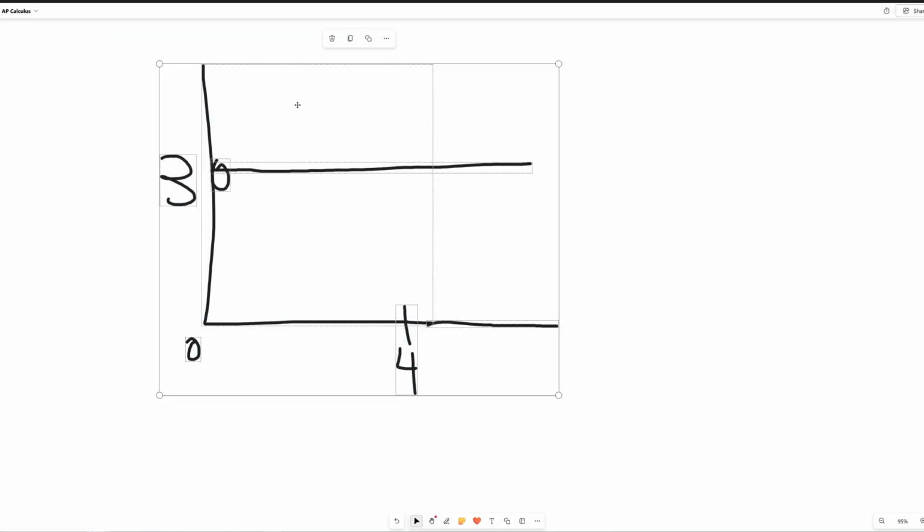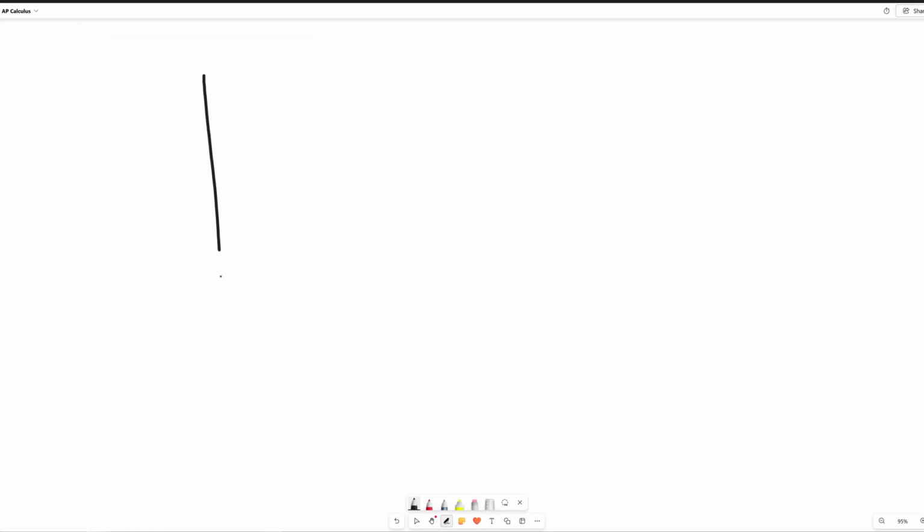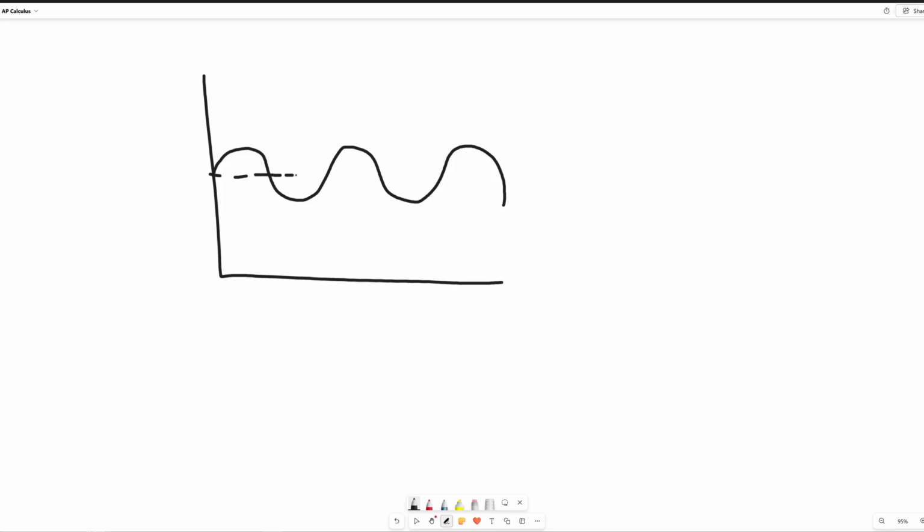So, what about a function like this that oscillates around this number 2 between 0 and 5? Well, you might be able to guess. The average value is going to be 2.